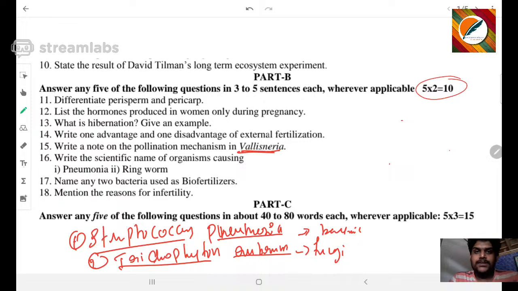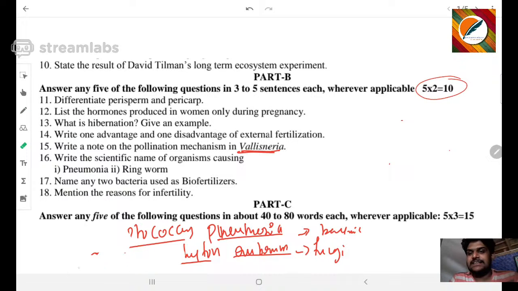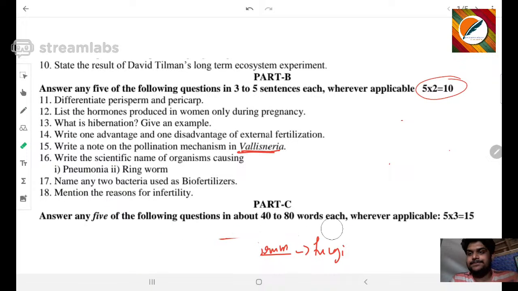Okay, so similarly there is another question, that is, name any two bacteria used in biofertilizers. Very simple one, which has come across for you for I think around 6 years.